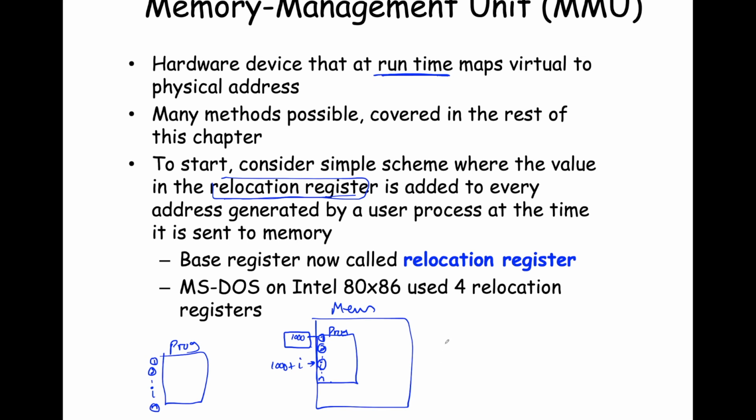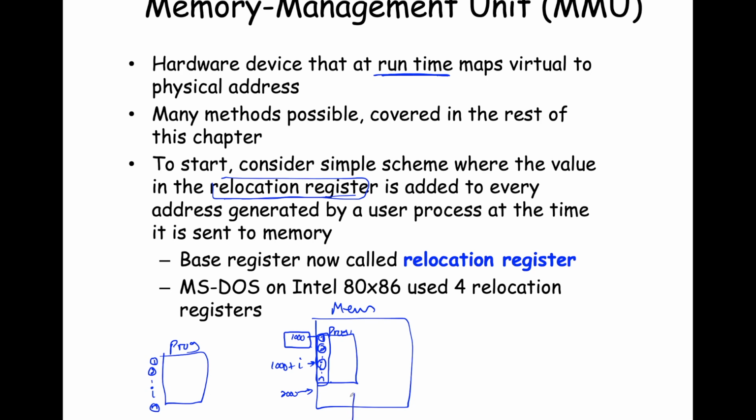And so if we decide to take our program and load it somewhere else in memory, say at address 2000, well, we just add 2000 to each one of these logical addresses, and we can now pick this program up and move it in memory. We can relocate it. And so the relocation register, in our simplest approach, is added to every logical address by a user process at the time it's sent to memory.